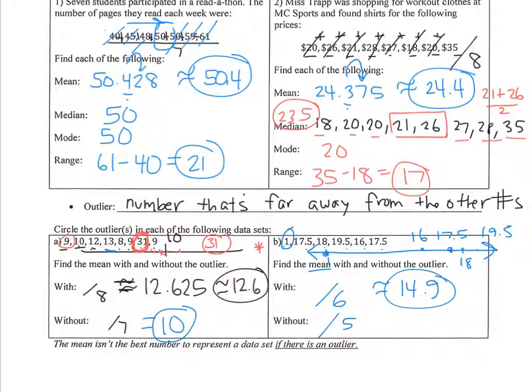And then next, right here, I'm not going to add the 1. So I'm going to do 17.5 plus 18 plus 19.5 plus 16 plus 17.5 and divide by 5. And I get 17.7. So to identify the outlier, put them on a number line and see which number is far out there.